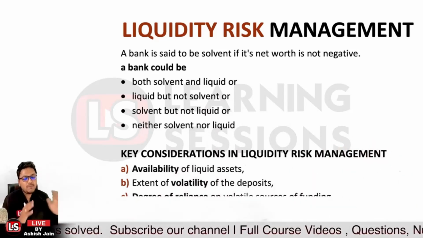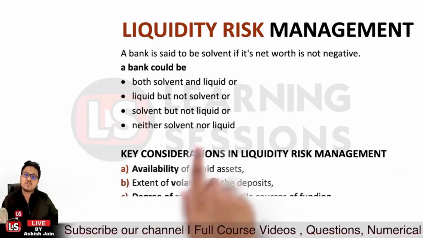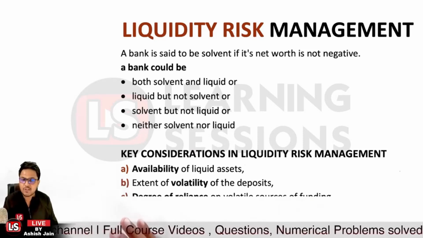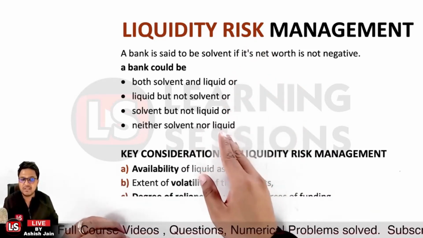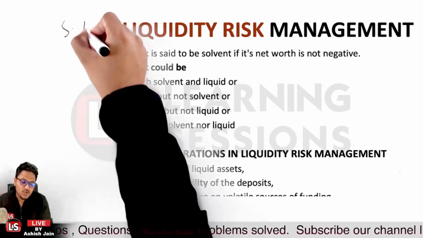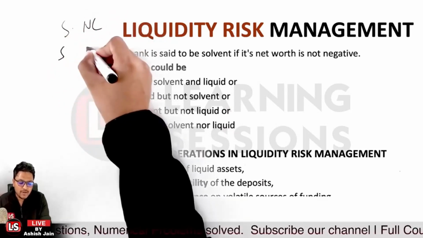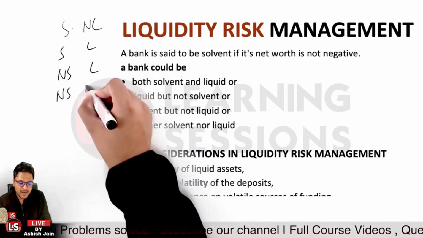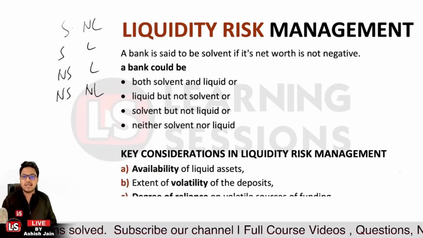It may also be the case that the bank is solvent but does not have liquidity, and it may also be the case that neither is the bank solvent nor does it have liquidity. So the 4 scenarios can be there: solvent but not liquid, solvent and liquid, not solvent but liquid, not solvent and not liquid. These are the 4 scenarios.